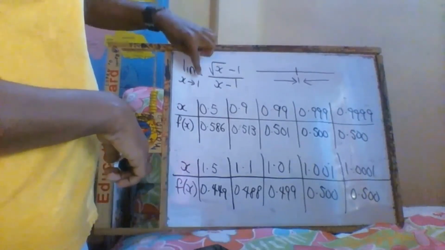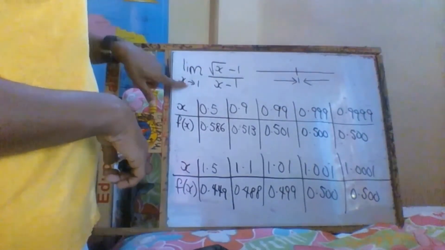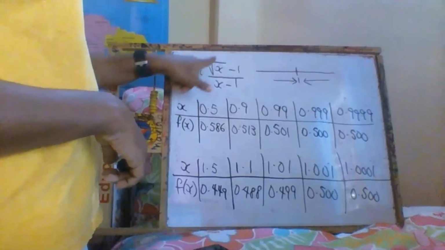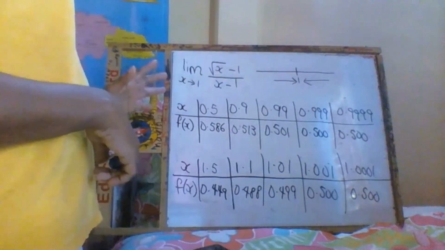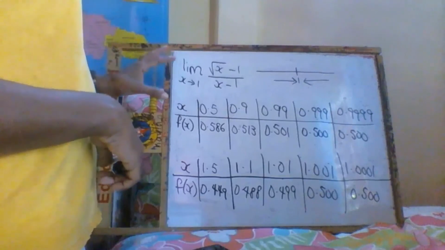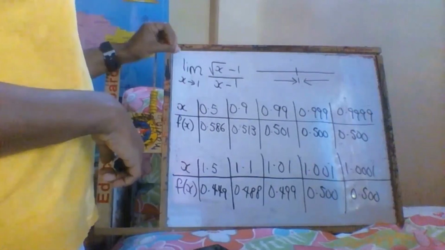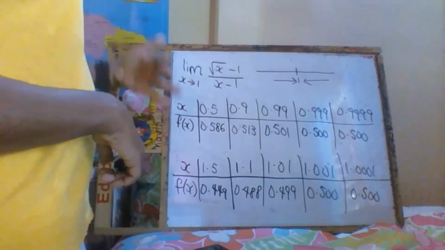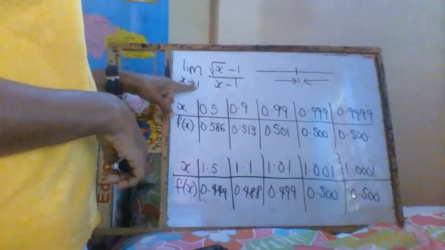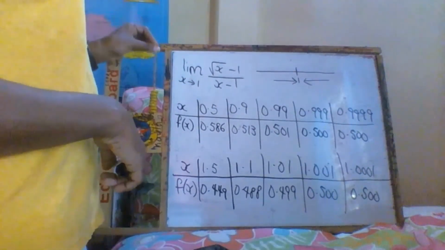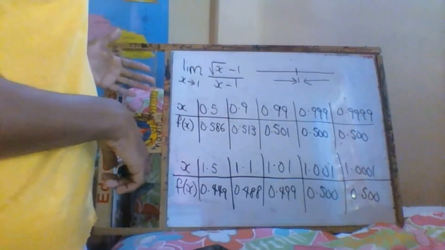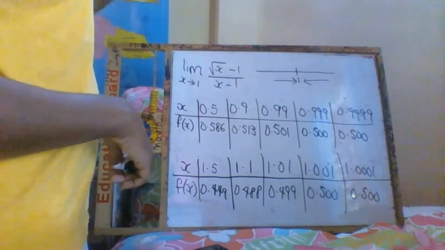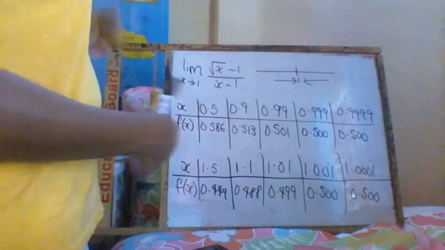We don't care about the fact that it may or may not work, because for example in this one, if I should take 1 and substitute into this function, I would actually get something that's undefined. But for limits, we're not concerned about what happens at the value. So we're not concerned about what is happening at x equal 1. We just want to know what is happening to the function as we go towards 1, both from the left and from the right.